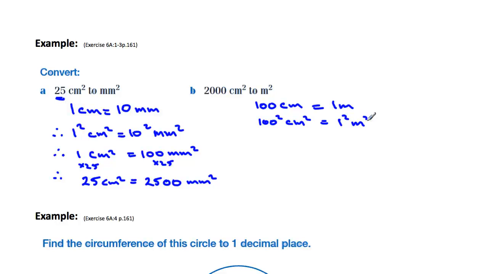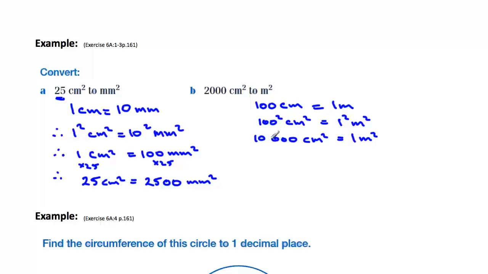So we're squaring it to make it into area units. This gives us 10,000 centimetres squared to every 1 metre squared, because 1 squared is 1. So there's 10,000 centimetres squared in every square metre.